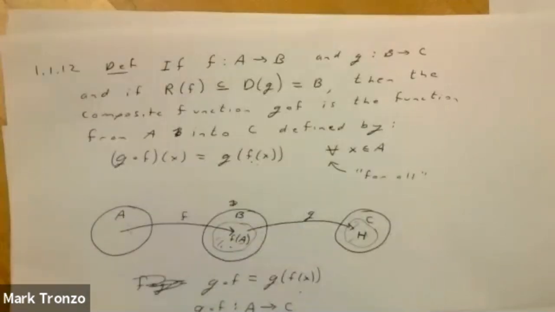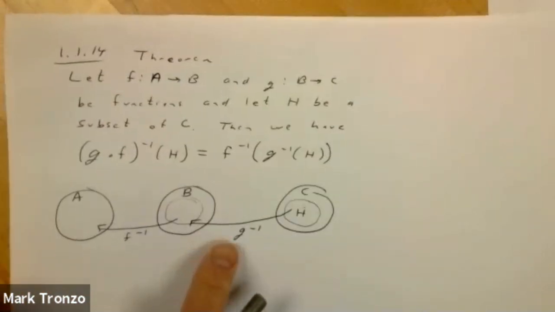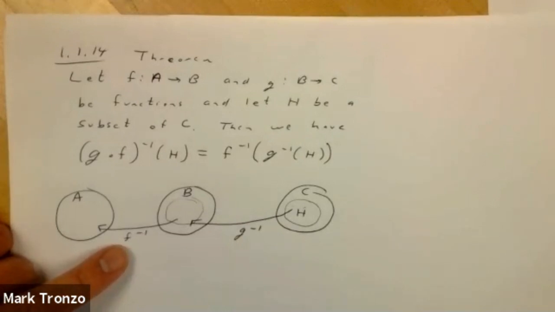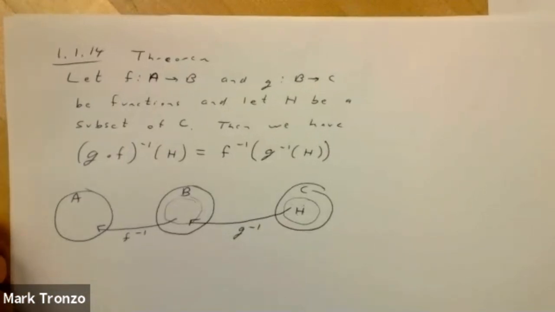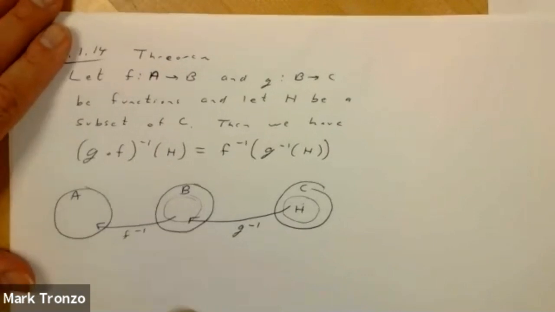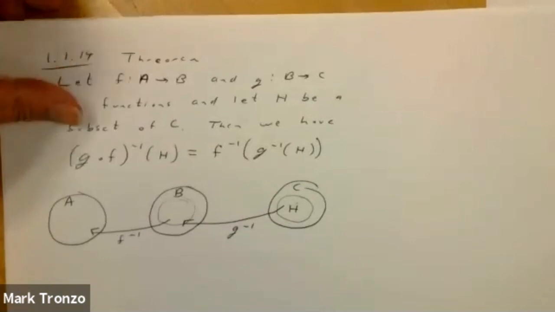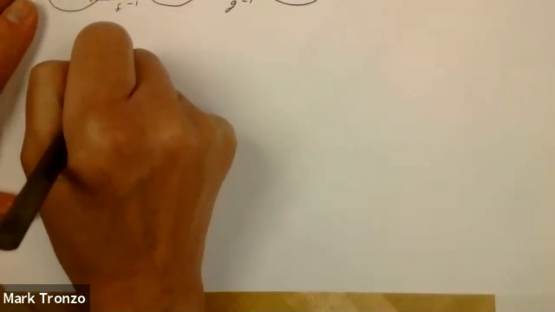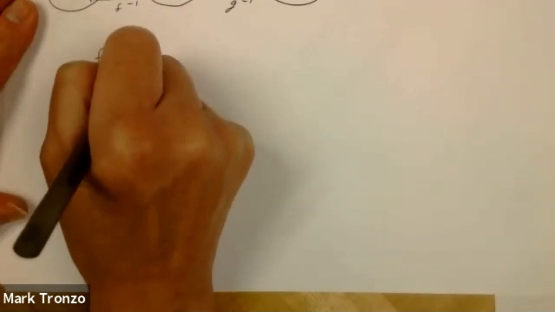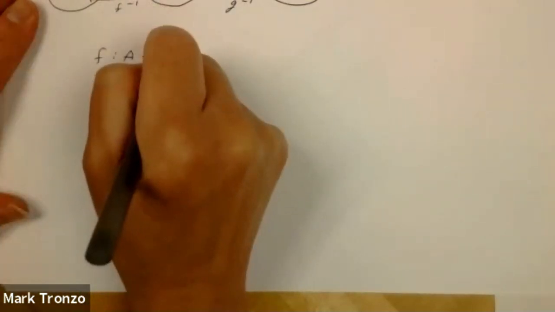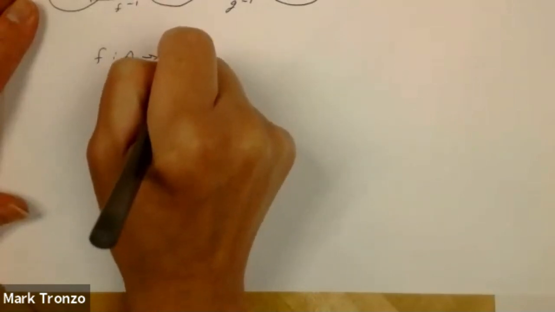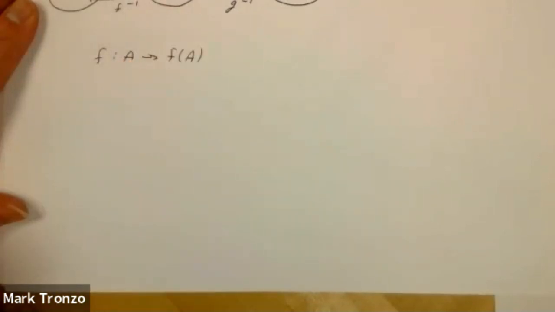But so on what we have right here, if you say that, let's say instead of defining it the way we did up here, if we define our functions, let's say f goes from A to some image of A, we'll just call it that.